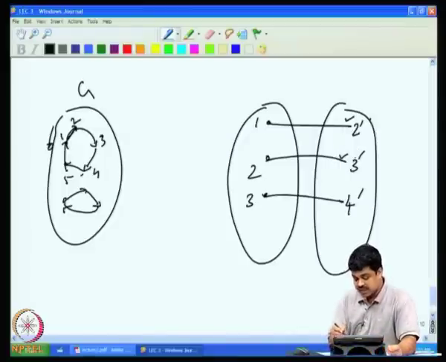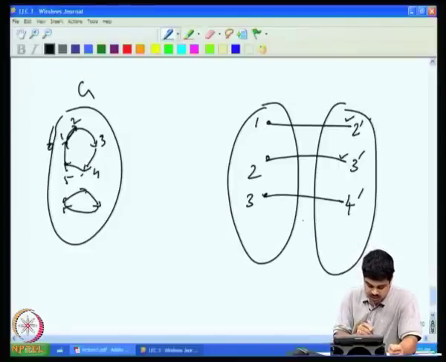So each edge will translate to mutually disjoint, independent edges here, because you can see that any vertex, say 1, on the cycle cover has 2 edges touching it, one an outgoing edge and one an incoming edge.